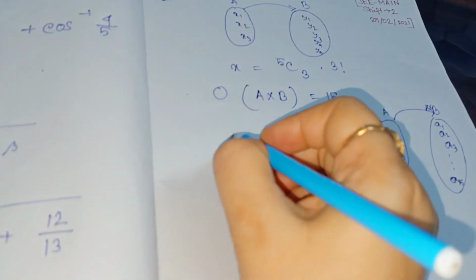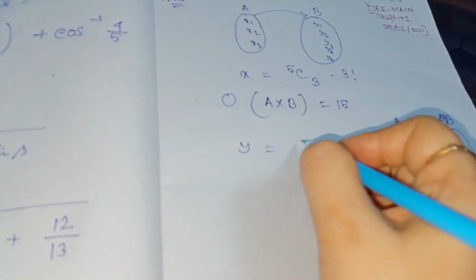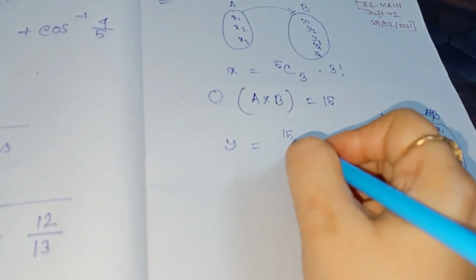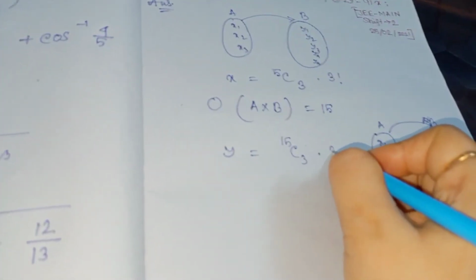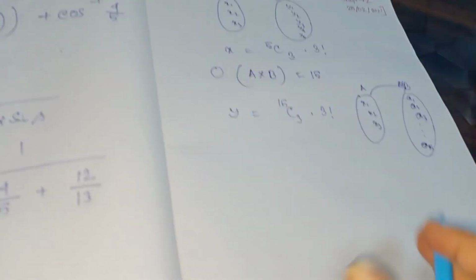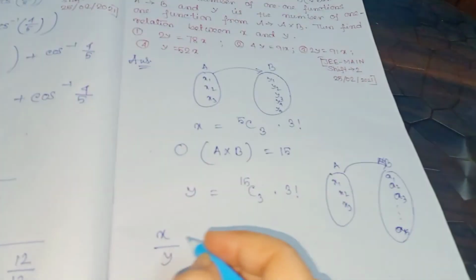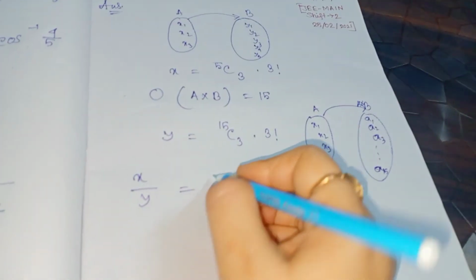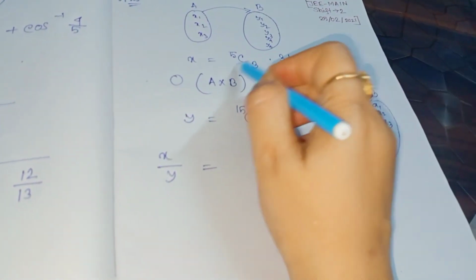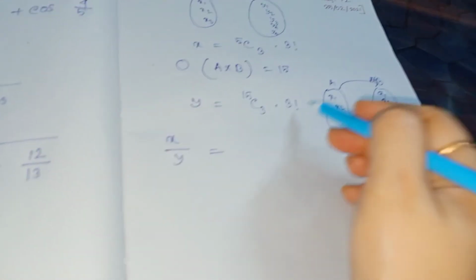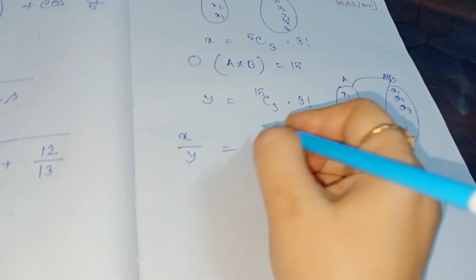Now how can we choose this? Y is equal to 15C3 ways into factorial 3. So when we divide X by Y, factorial 3 and factorial 3 cancel off.